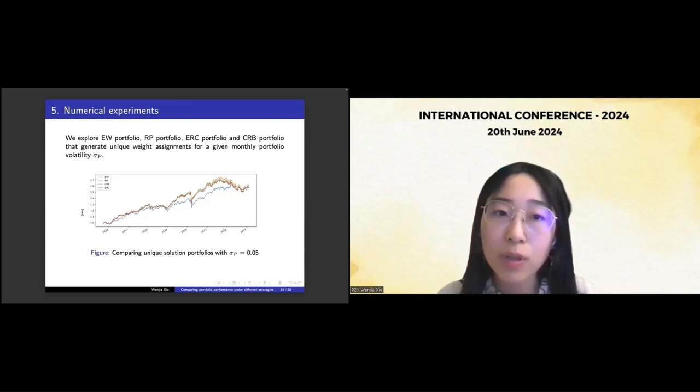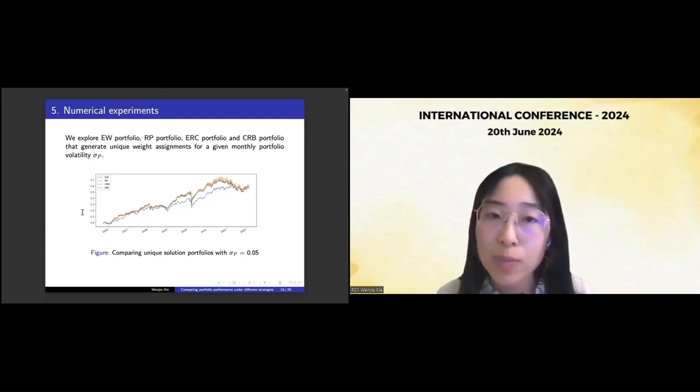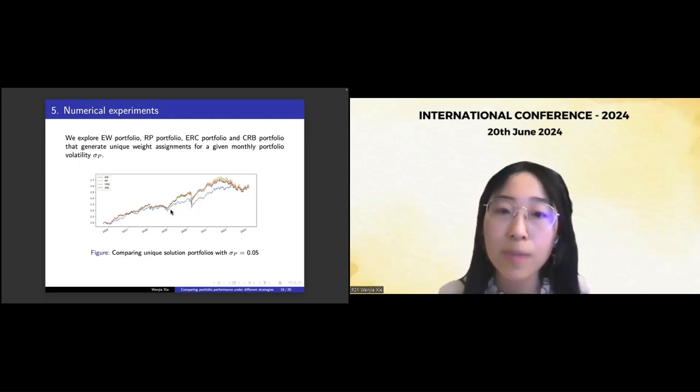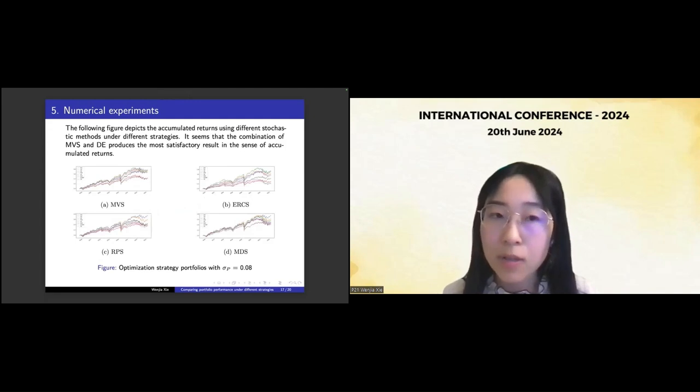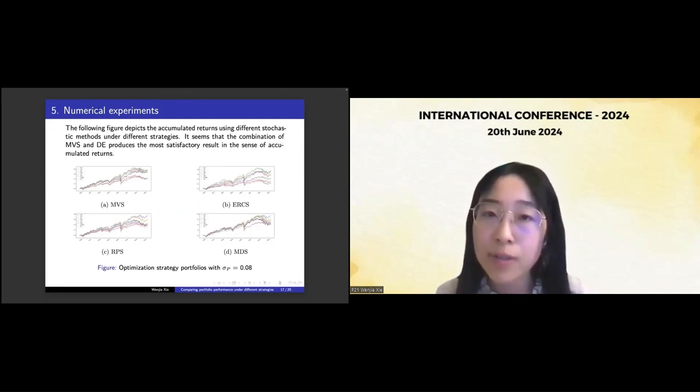We explore the equally weighted portfolio, risk budget portfolio, equal risk contribution portfolio, and constrained risk budget portfolio that generates equal weight assignments for a given monthly portfolio volatility. And the following figure depicts the accumulated returns using different stochastic methods on the different strategies.